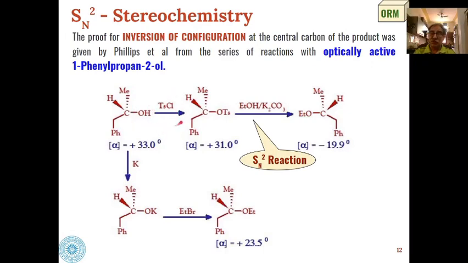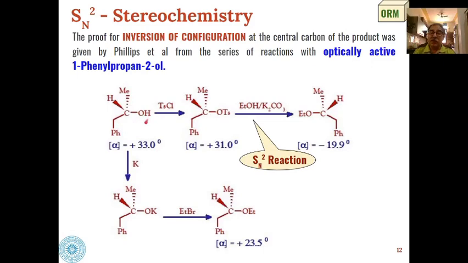When this compound was reacted with tosyl chloride, para-toluene sulfonyl chloride, what will happen? This para-toluene sulfonyl chloride will react with the H of this alcohol. So that means the O-H bond will be broken, HCl will be removed, and tosylate will get attached to the oxygen. We will get the tosylate of this alcohol.